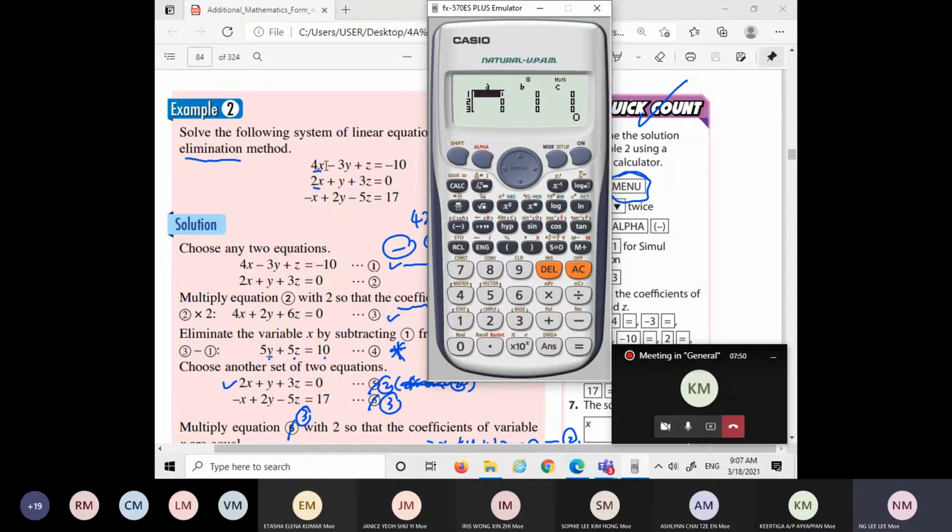So A will be 4, B will be -3, C will be 1, and D will be -10. So you key in one by one. Key in 4, then press equal, then -3. Then equal. You can see in the first equation, A is 4 already, now B is -3 already, then C is 1, equal, and then D is -10.